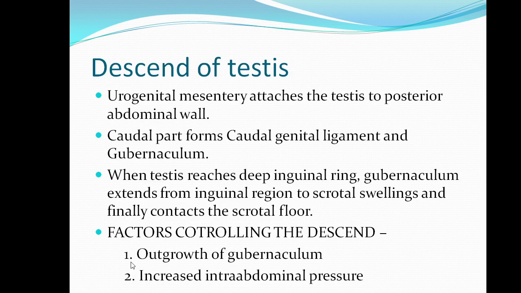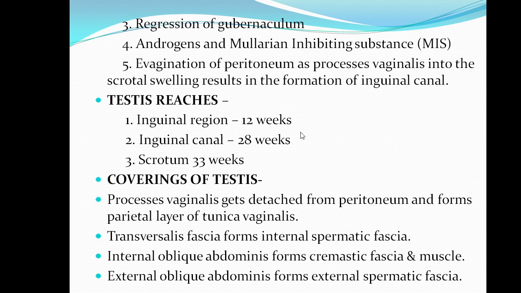The factors controlling the descent of the testis are: number 1, the outgrowth of the gubernaculum; number 2, increased intra-abdominal pressure; number 3, regression of the gubernaculum; number 4, androgens and Mullerian inhibiting substance.